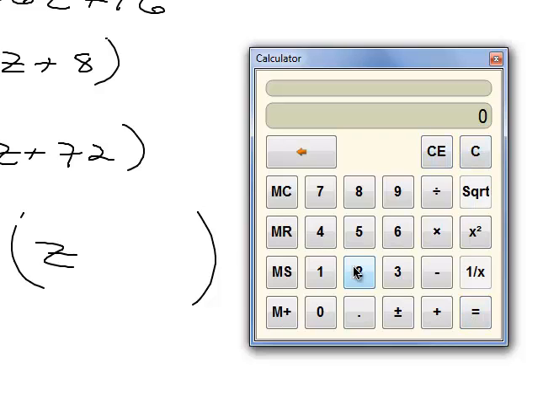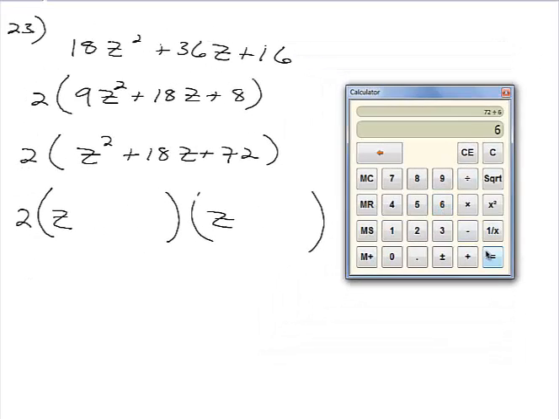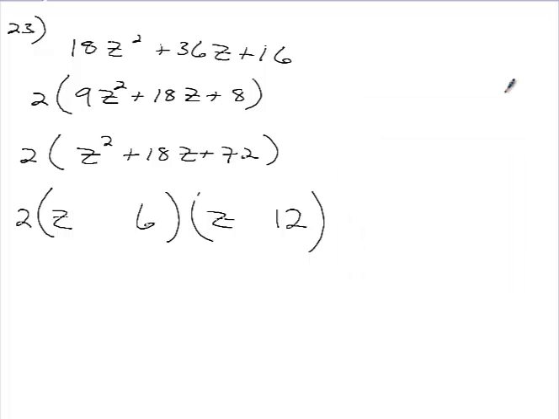No, that doesn't work. 72 divided by 4. That's 18. Can I take 18 and 4, add them and get 18? Okay, 72 divided by 5, is that even a factor? No. 72 divided by 6 gets me 12. Is 6 and 12 18? Then you've got it.